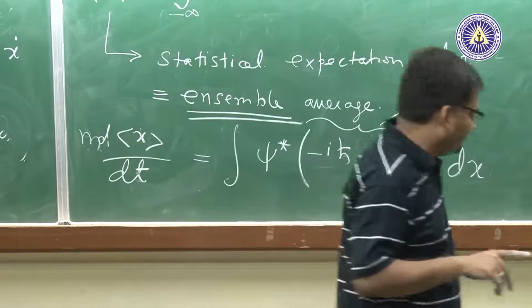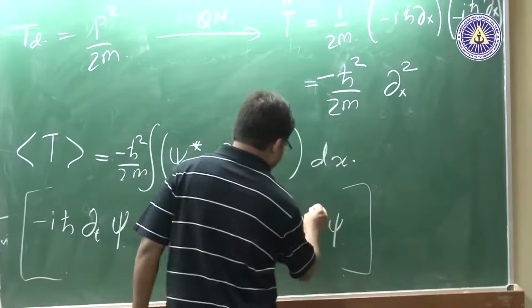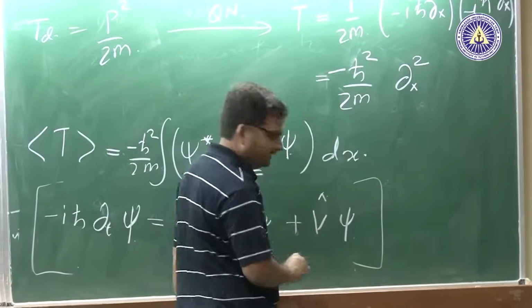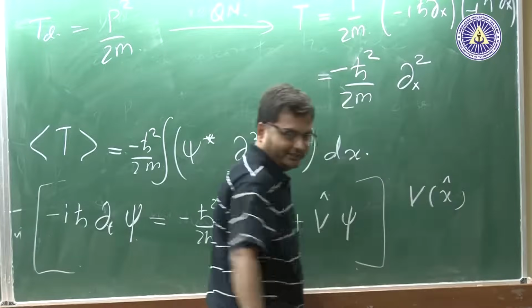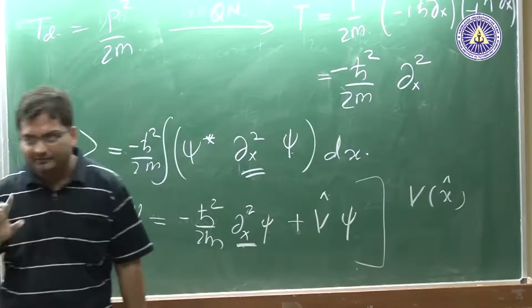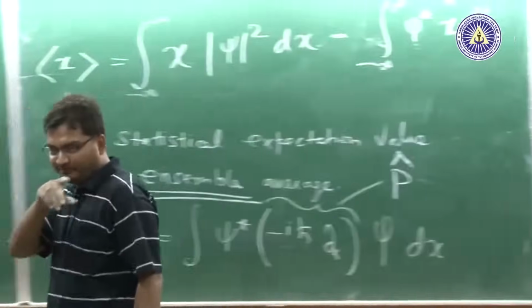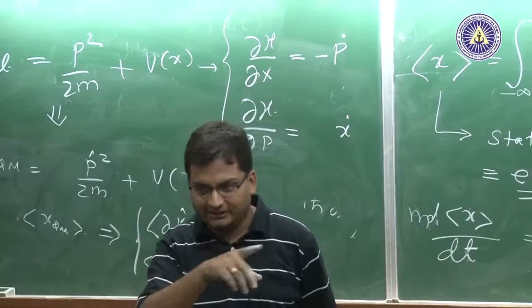V is a function of x, which is an operator. So V is also an operator. I can write V hat here equally well. So now, before that, let me ask the question.